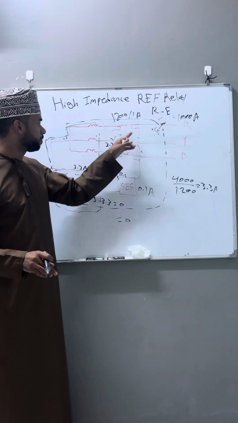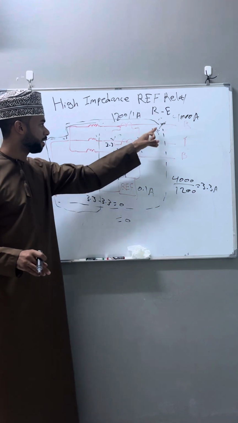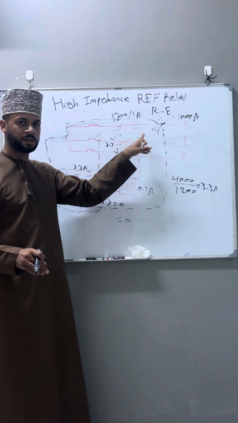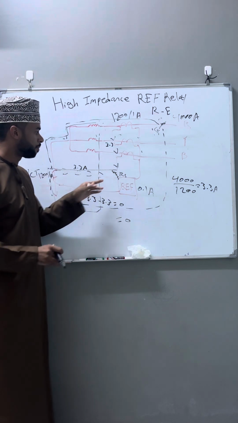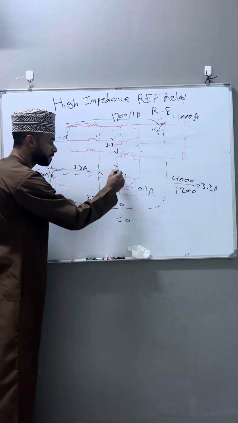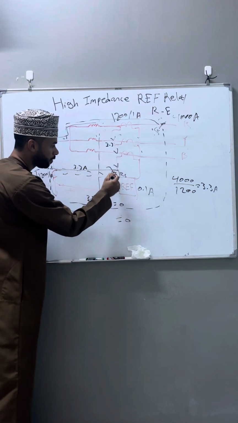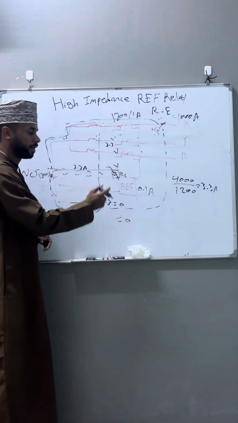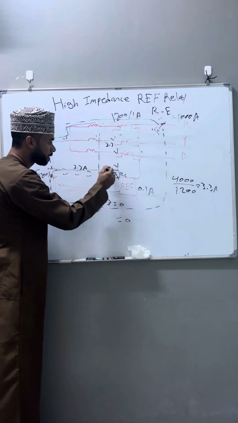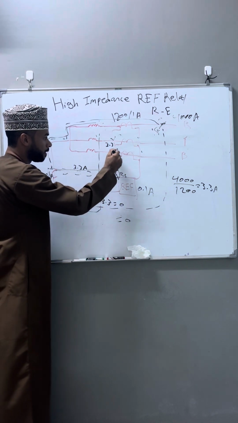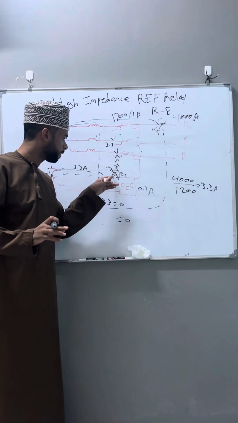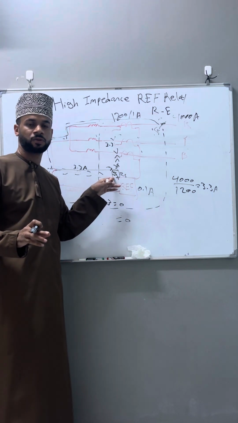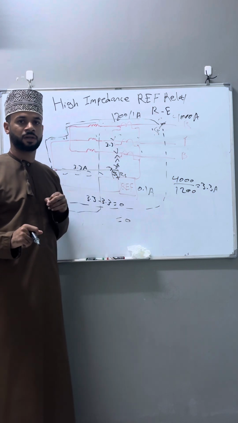So now assume the CT is saturated, the neutral CT secondary current will go toward the relay, but due to this high resistance, the current will not go to where? To the RAF relay. So we force this fault current to go this side, and the RAF relay will not operate. Due to what? The high resistance, or stabilizer resistor.